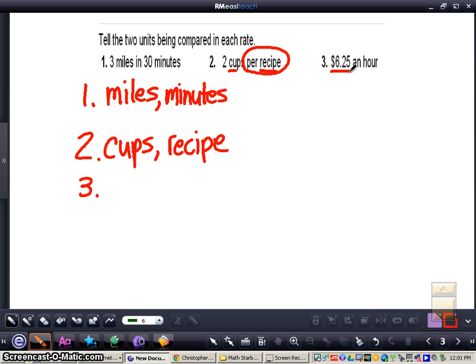We're just trying to look at the two units being compared. So for number 3, this could be money and hours, or even dollars and hours. I'll write dollars and hour. Those are the two units being compared.